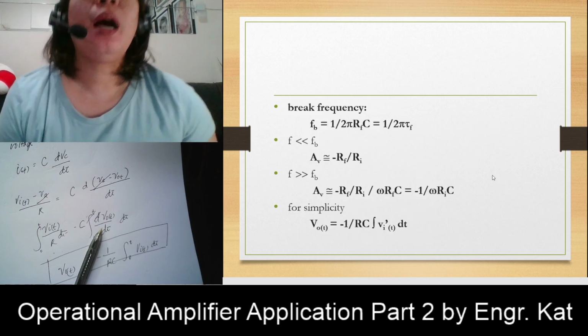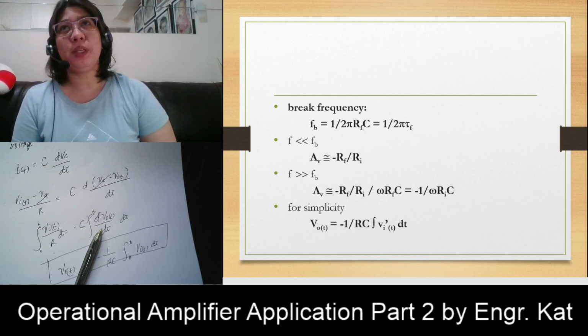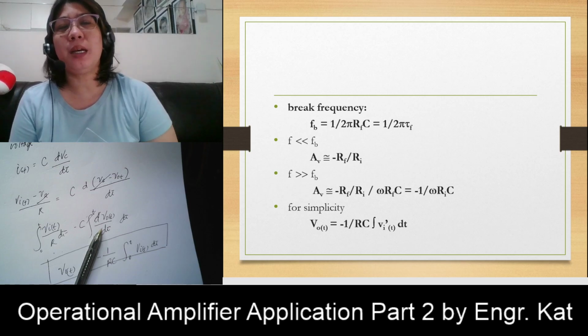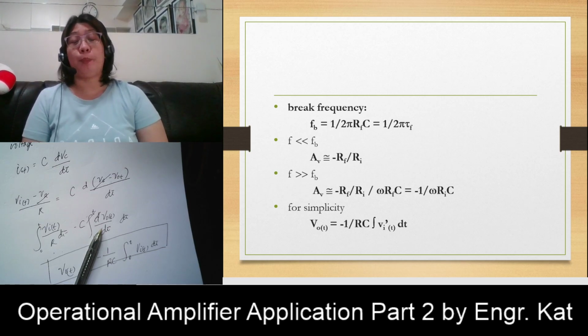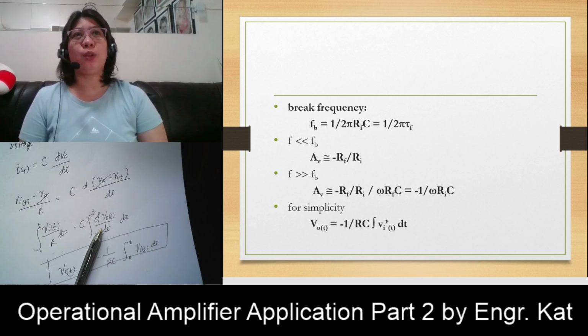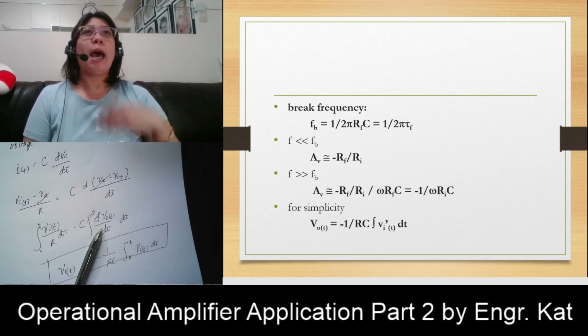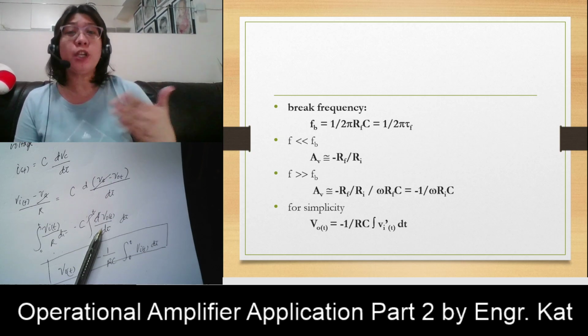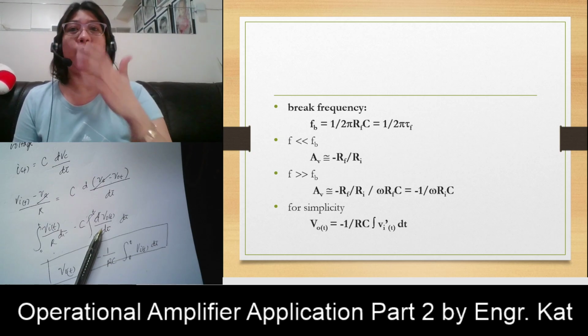Here we have the break frequency. We need the break frequency so that we know at what frequency your capacitor starts to operate. We know from your previous discussions that your capacitor has something to do with the frequency of your circuit. At a certain frequency, your capacitor will start to short out and become a short circuit.